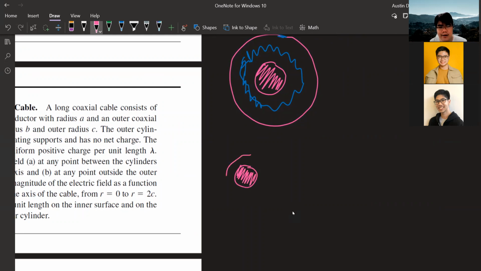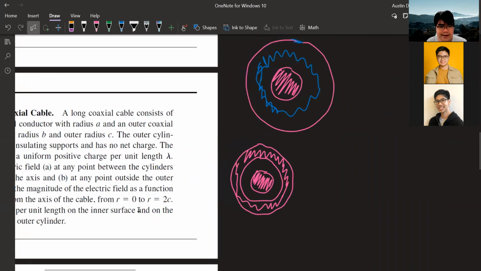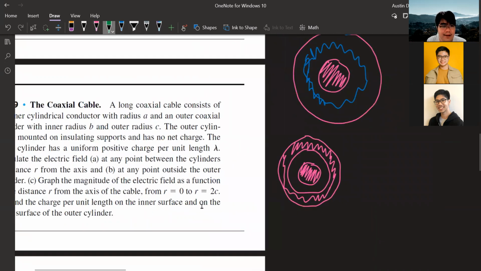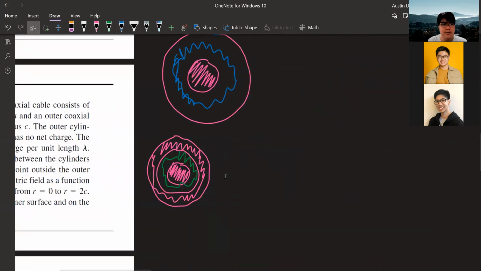And then you have a shell from B to C. Conducting shell. So this is solid also. Okay? So, ang tinatanong sa atin sa A would be finding the electric field in this space. So, that's A to B.